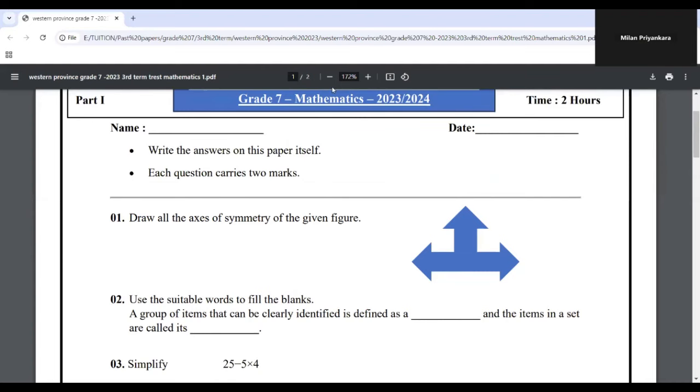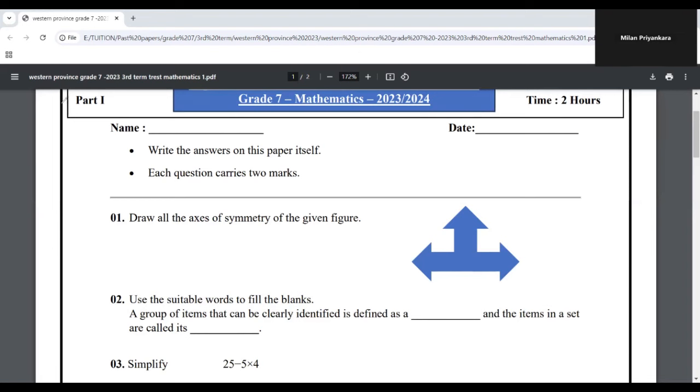Okay, dear students, let's try to answer this paper from the beginning. Actually, when you are writing your paper, you don't have to always start with the first question. You can go through the paper, take a few seconds, and then start with questions where you are comfortable, and all the answers will flow into your mind.